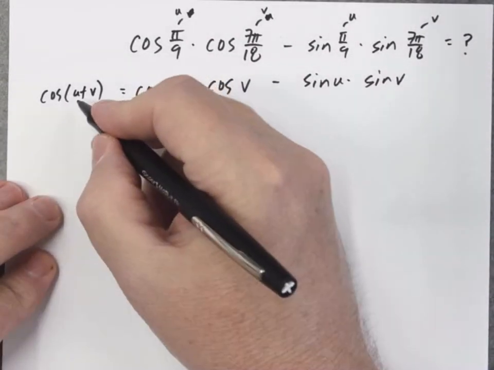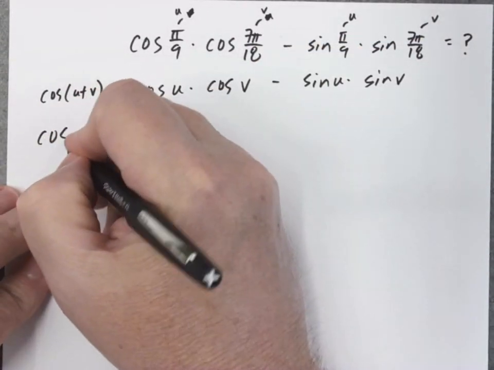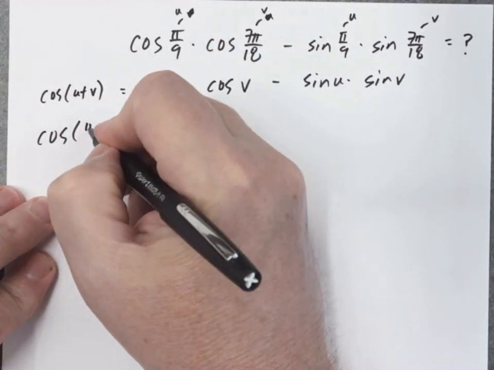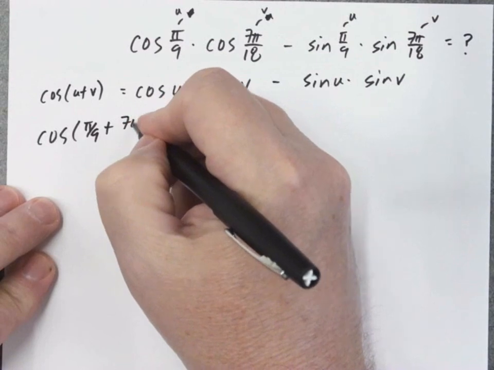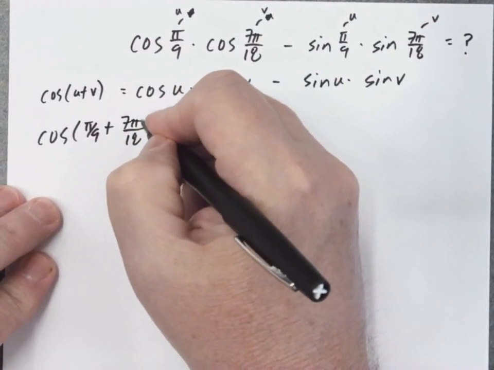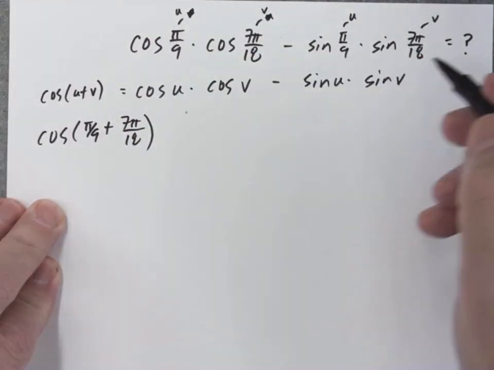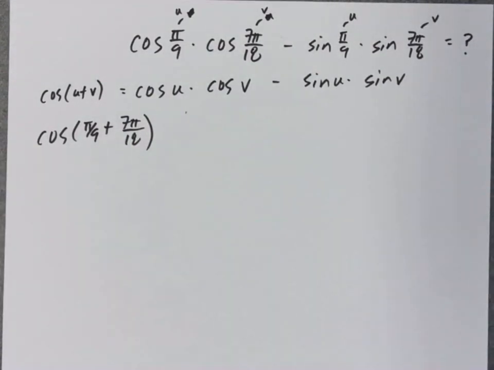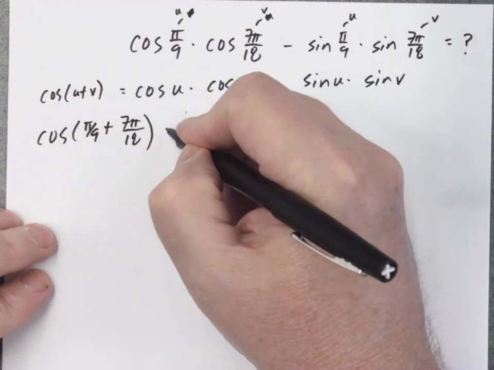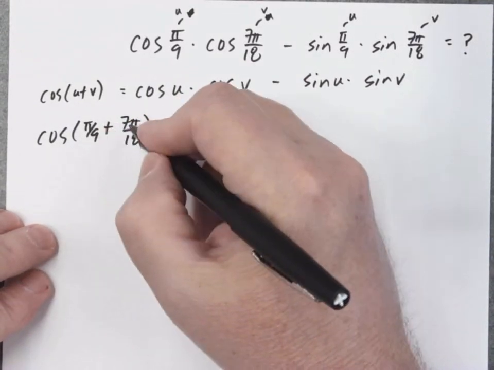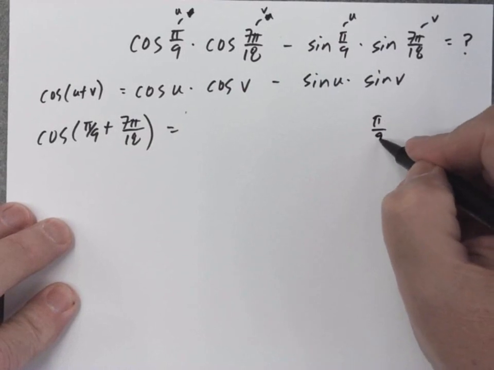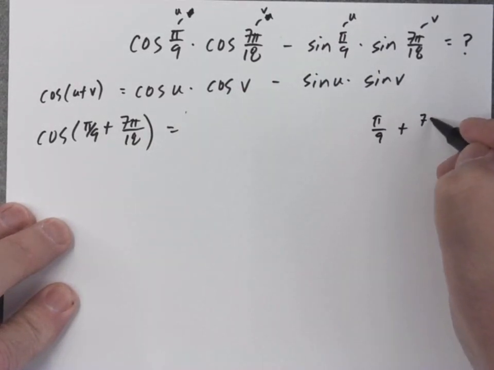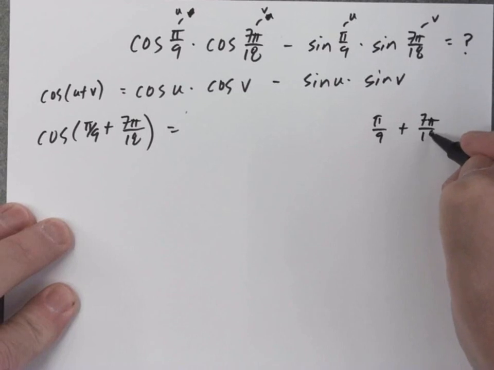So you know what that means? Since u and v are known, I can rewrite those. U is pi over 9, v is 7 pi over 18. So this whole thing actually equals cosine of pi over 9 plus 7 pi over 18. Let's do a little math with fractions.